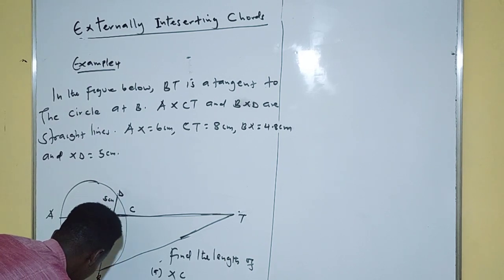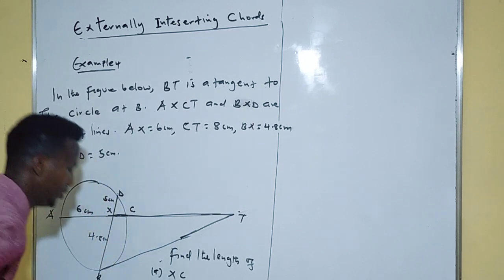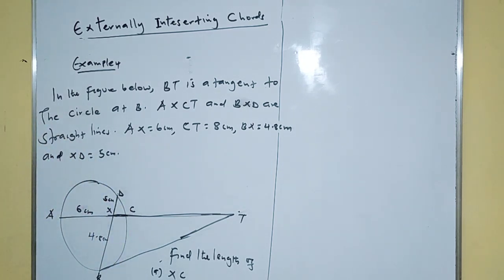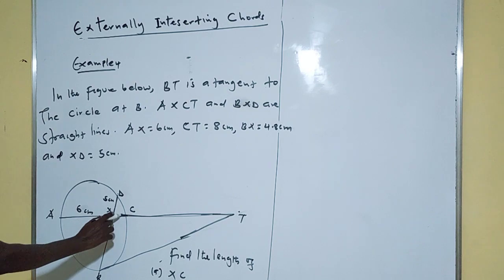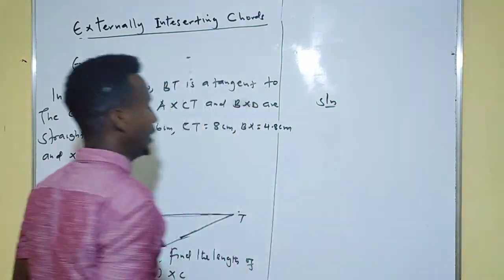Question B: find BT, that's the tangent, don't forget. So let's get first by using the concept of internally intersecting chords.